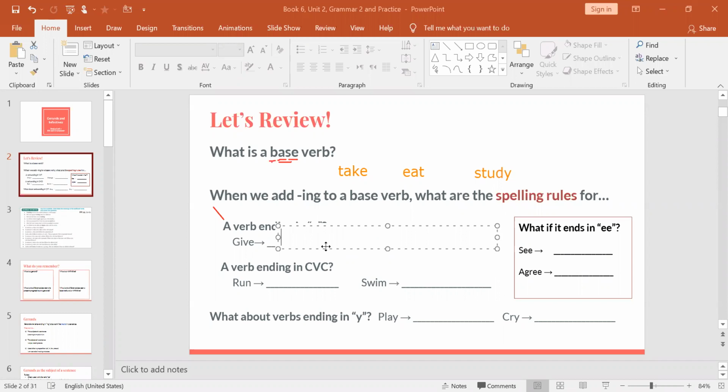What do you think? For example, the verb give becomes giving when we add the ing. And the verb change, what do you think for that one? I'll give you a second to think.